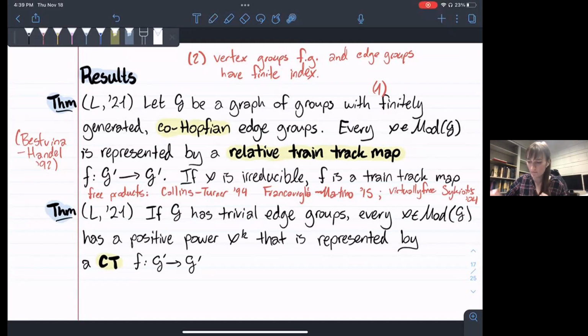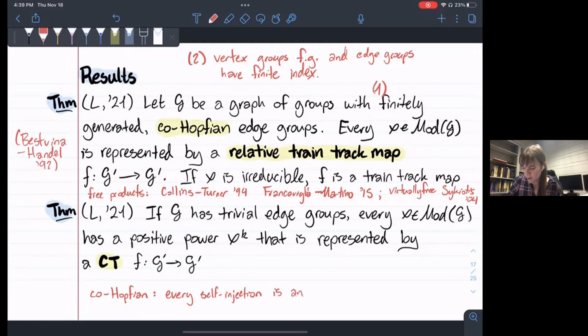So one way to think about these two assumptions is that there are different ways of generalizing the trivial group. A group is co-Hopfian if every self-injection, so an injective map from the group to itself, is in fact an automorphism. Finite groups are co-Hopfian.